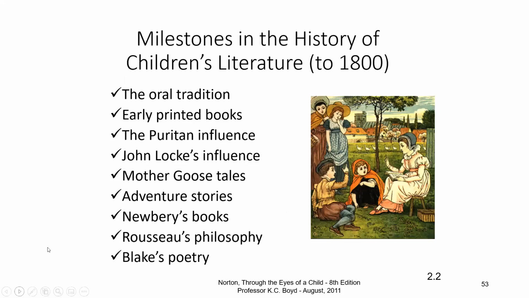That's why there are already literatures for the children. So, milestones in children's literature. So oral tradition, early printed books, the Puritan influence or focus on church influence, John Locke's influence, Mother Goose Tales, adventure stories.